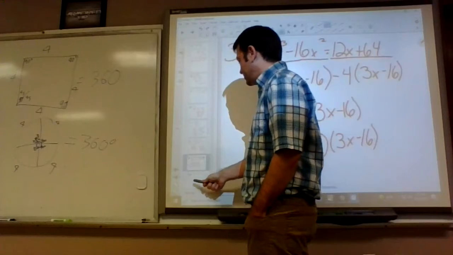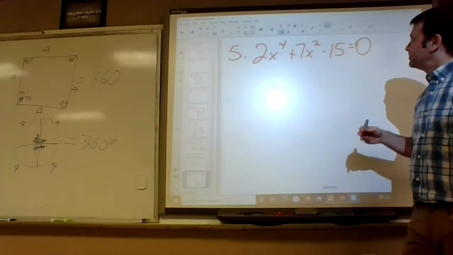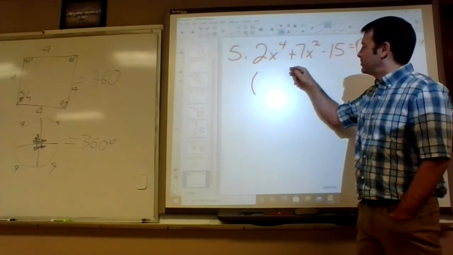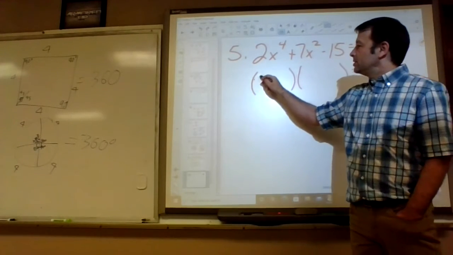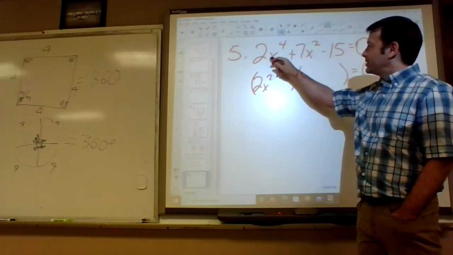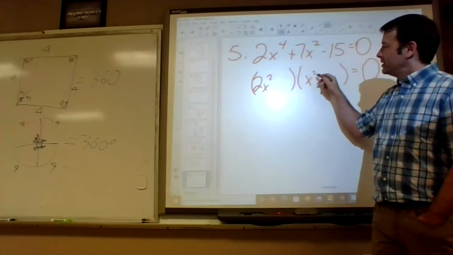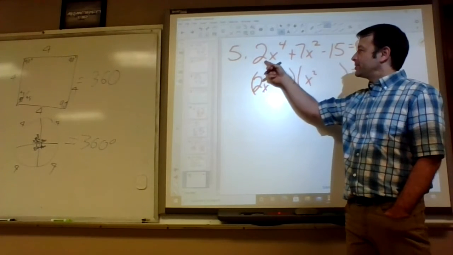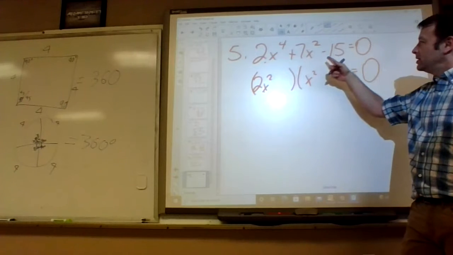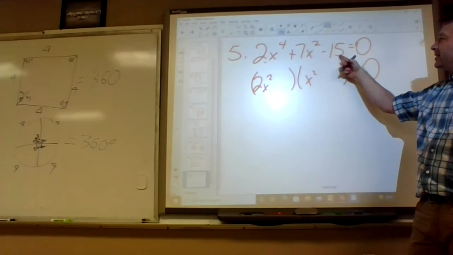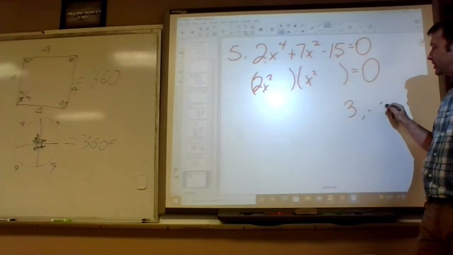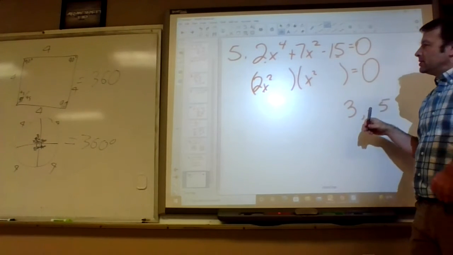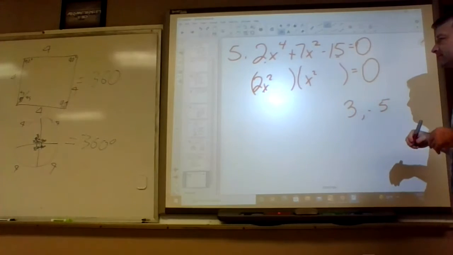Alright, so what's going to go in the front on this one? 2x squared, and 2x squared times x squared, those multiply together to get the first term. Then what goes into 15? 3 and 5, one of them would have to be negative. So you can do 2x squared minus 3, and x squared plus 5.